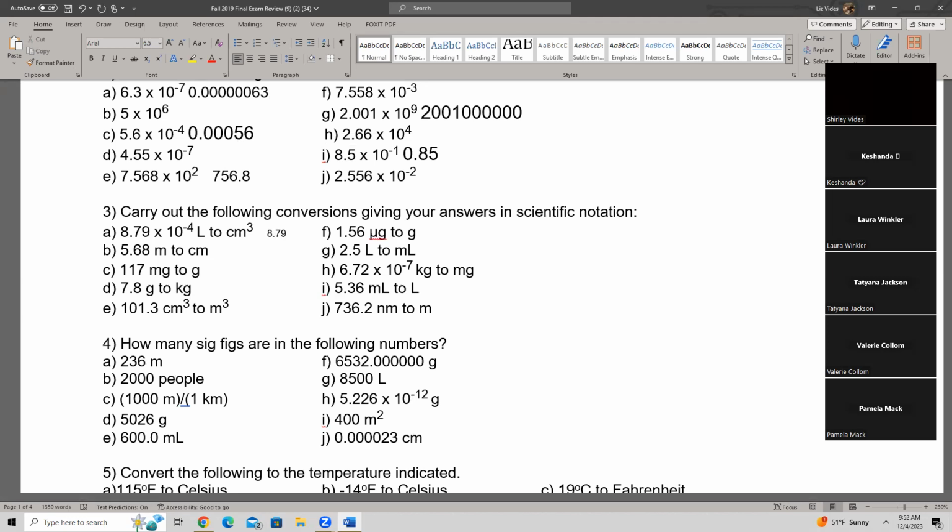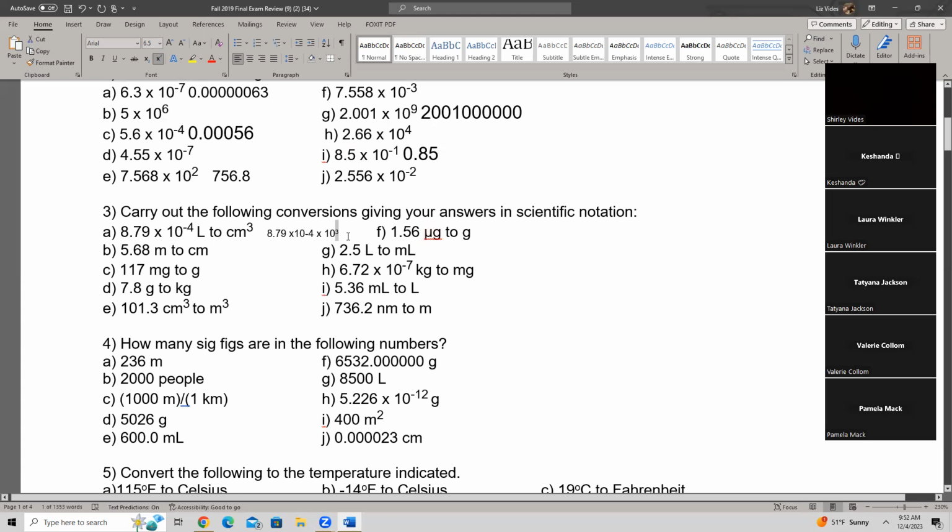So basically what you're going to do is 8.79 times 10 to the negative 4. And then you're going to put times 10 to the whatever the conversion is. We're going from liters to milliliters, so it's 10 to the third. That's why I always fix it. All right, so that's what we're getting.